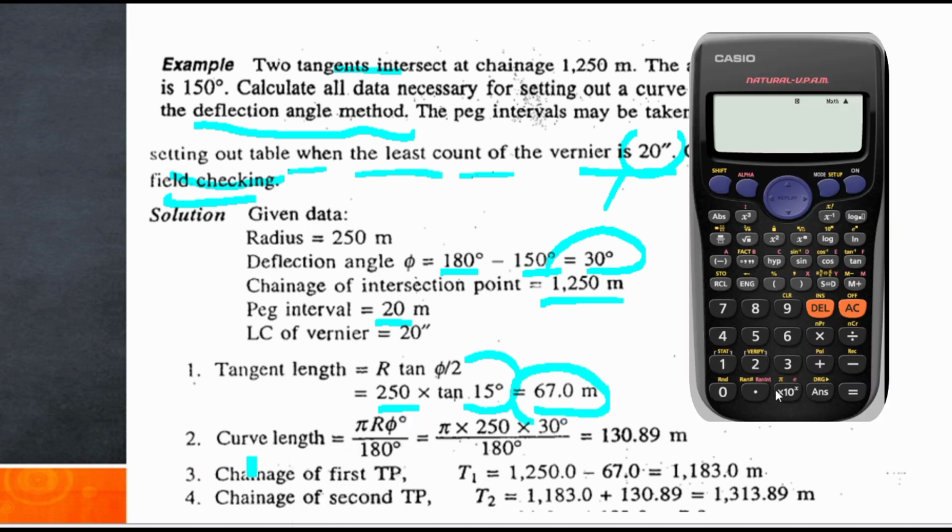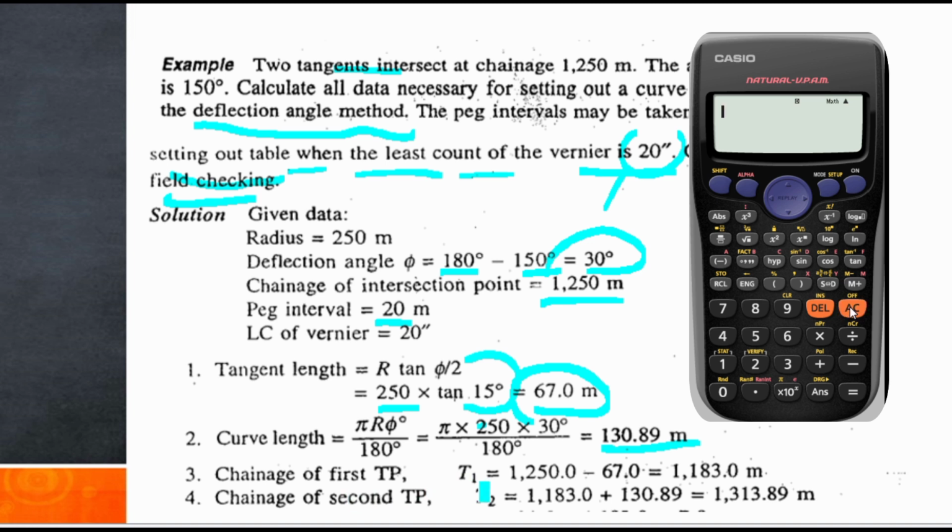So here we calculate again the curve length. The formula for calculating the curve length is theta times R, where the angle is multiplied by pi over 180 degrees. So our R found in the question is 250, multiplied by 30 degrees over 180, and you get 130.85 meters.